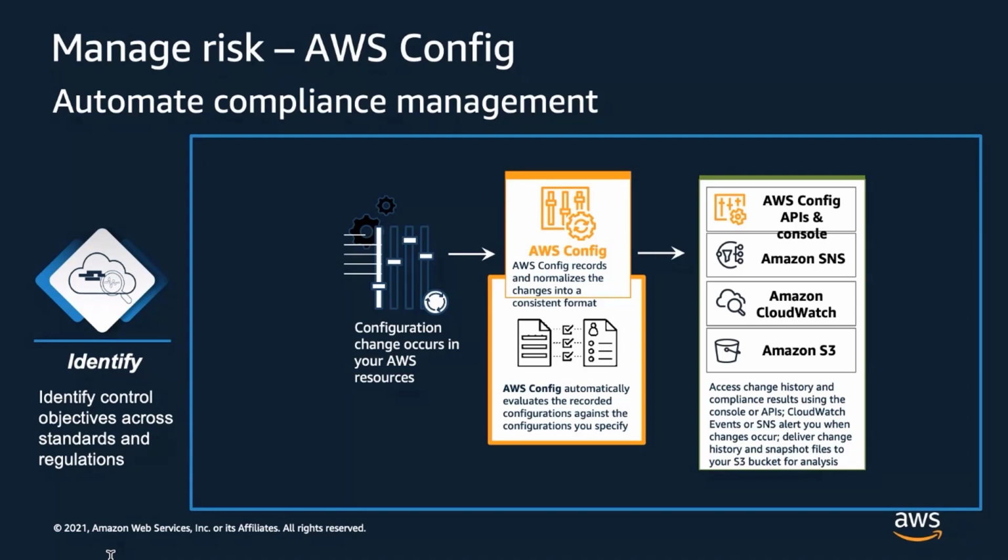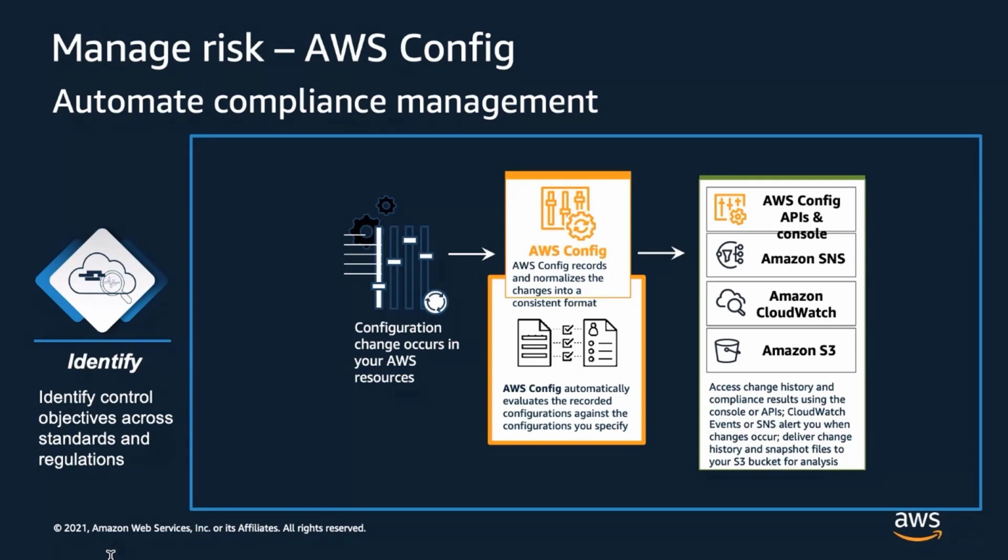For example, let's say you want to make sure that all S3 buckets created are encrypted. You can deploy an AWS Config managed rule that automatically evaluates that resource right at the moment it is created or modified. We provide a rich set of rules that evaluate some of the most common scenarios.